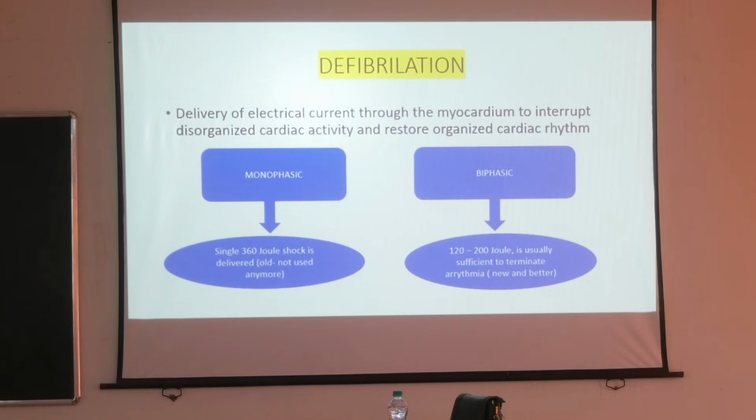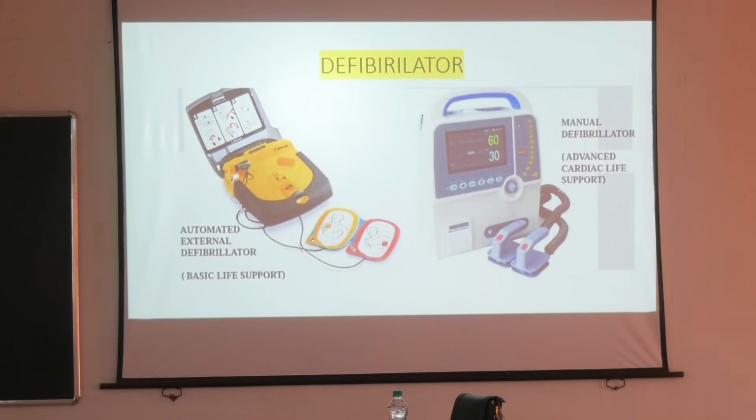Defibrillation, I've already told you that in our time monophasic defibrillators were used, 360 joules 3 times. These are now obsolete. Now it is the biphasic AED, the biphasic defibrillator, 150 to 200 joules. This is the automated external defibrillator.